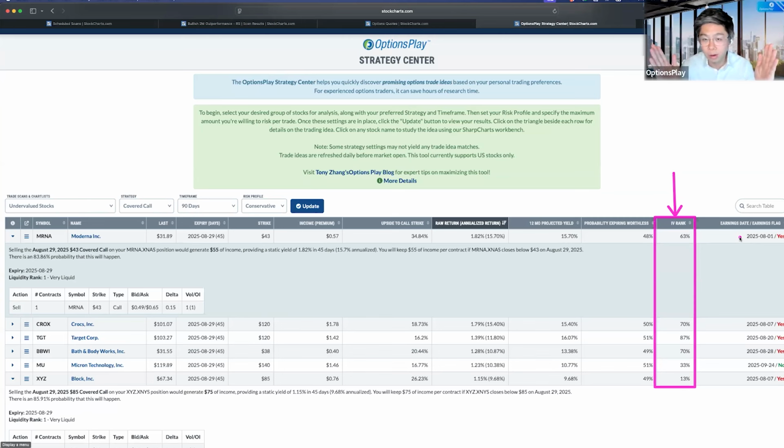If you see an IV rank of 100, that means it's the most expensive it's been over the last 52 weeks. If you see an IV rank of 50, that means it's dead center between the highest and lowest it's been over the past 52 weeks. So it's a really easy gauge from 0 to 100 to give you a good sense for whether options are cheap or expensive at the moment.